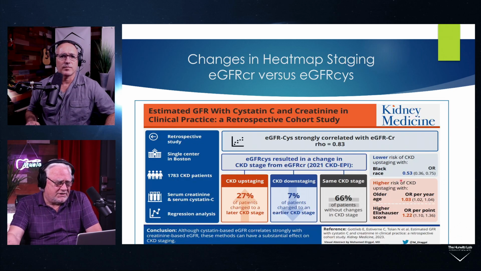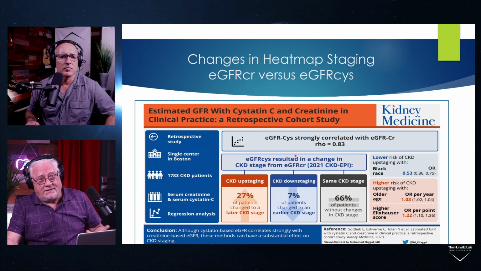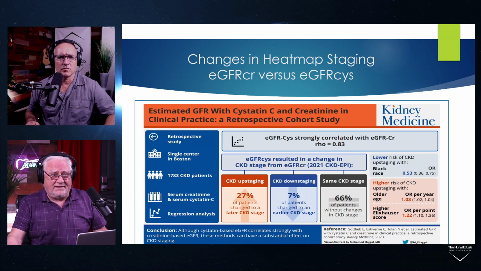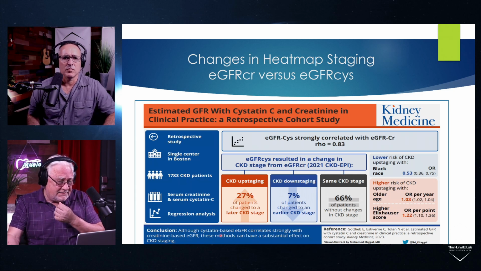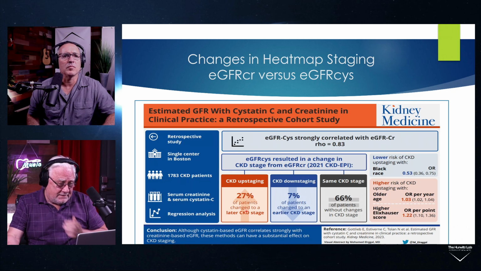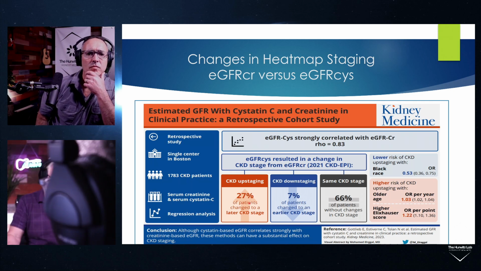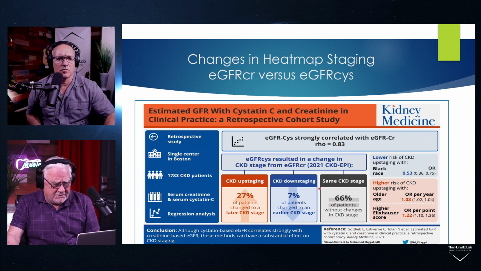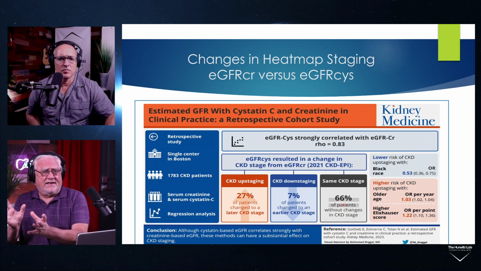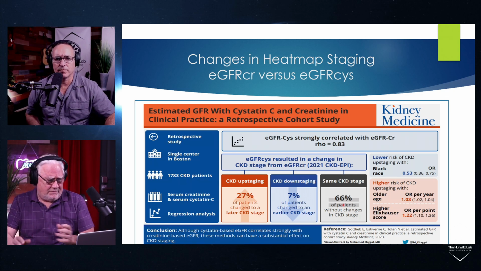Looking at a population, again, I think this was about 1,800 people, where they did the eGFR cystatin, not the combined, but the eGFR cystatin and the eGFR creatinine, and they looked at what would happen to your classification in the Heatmap. If you used the eGFR cystatin compared with the eGFR creatinine, about 66% of patients would stay in the same cell on the Heatmap.